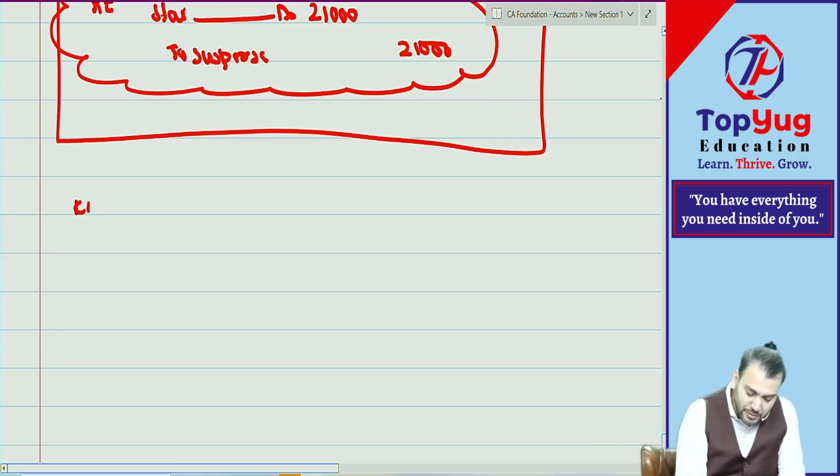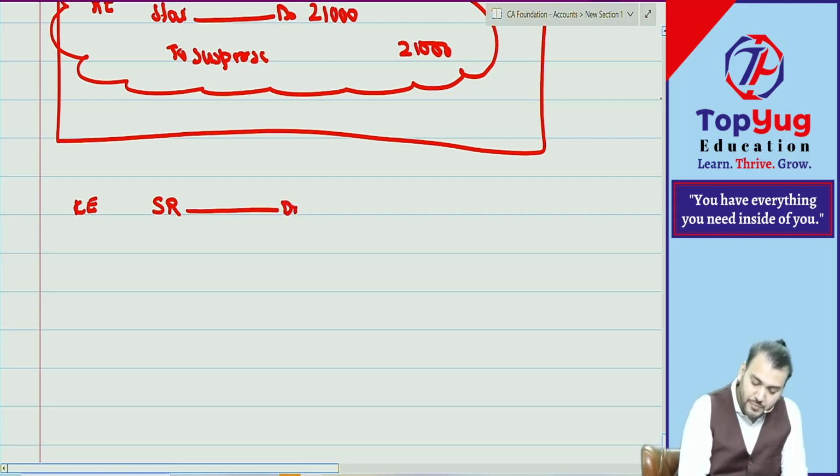What is the correct entry? Sales return account debit to Mr. Hari. What is the correct amount? 1 lakh and 1 lakh. What is the wrong entry you have done?